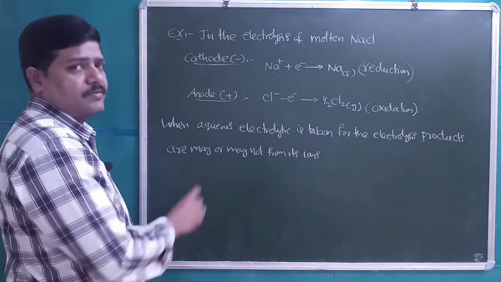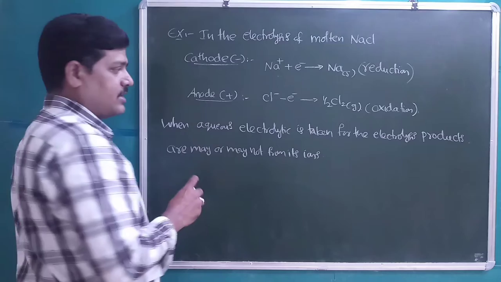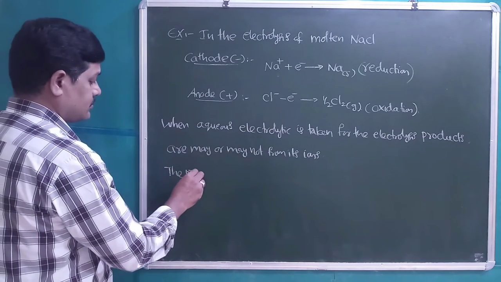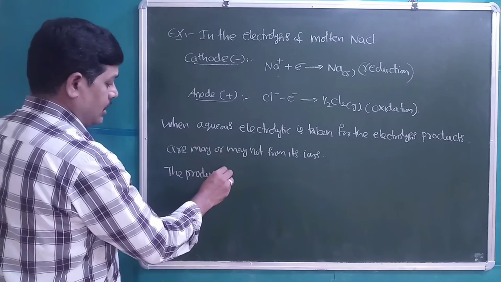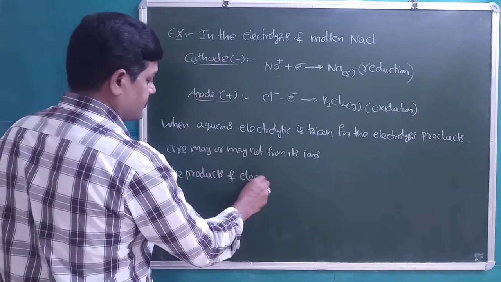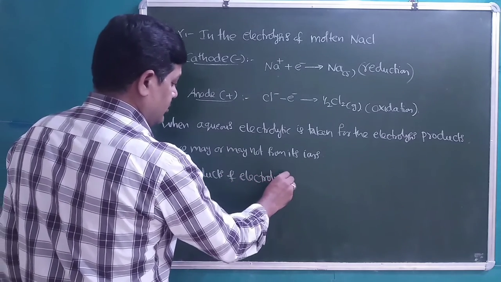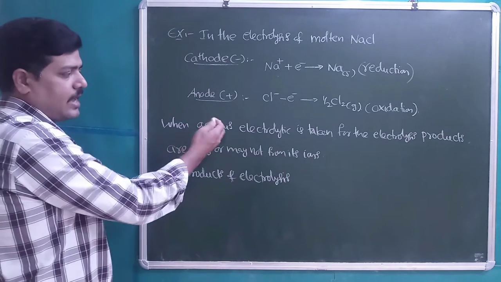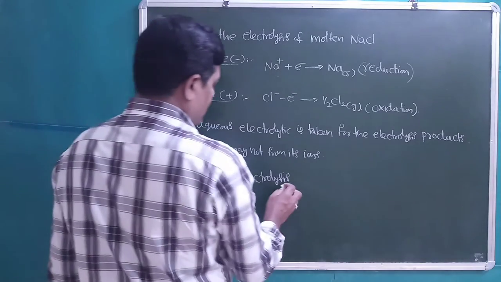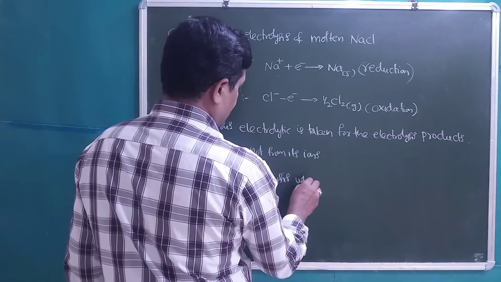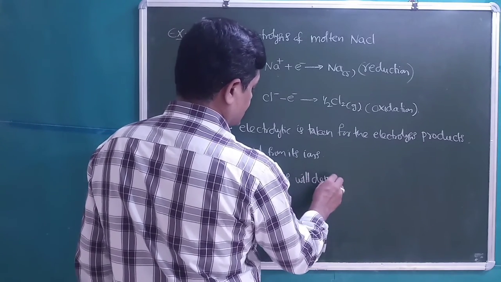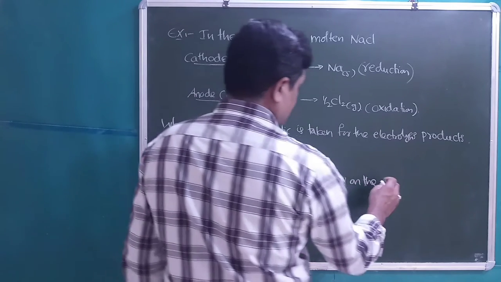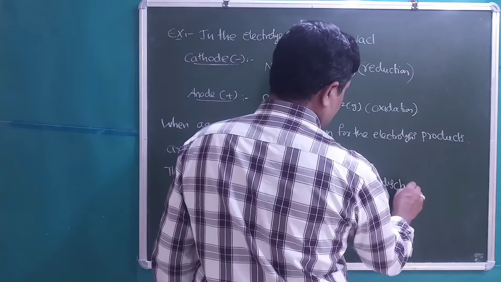Generally, students, this depends on the discharge potential. In the case of electrolysis of aqueous NaCl or any aqueous electrolyte, the products of electrolysis depend on the discharge potentials.